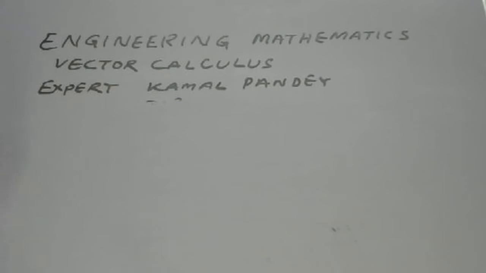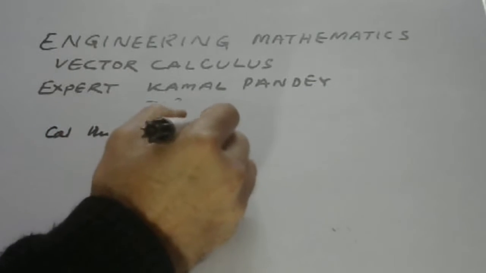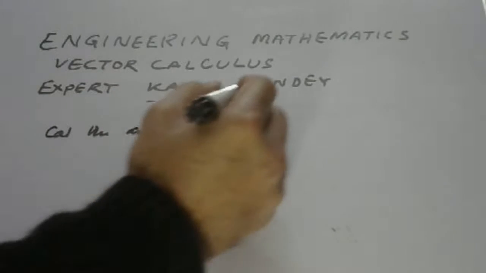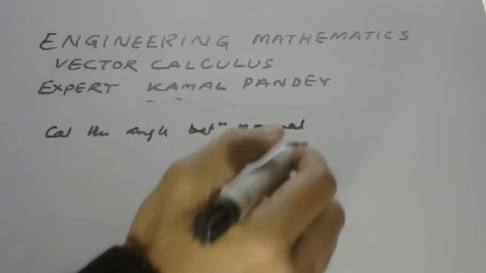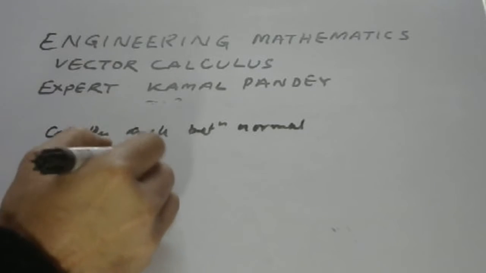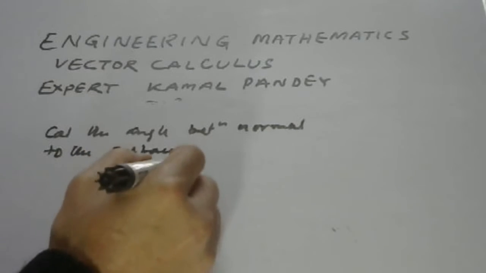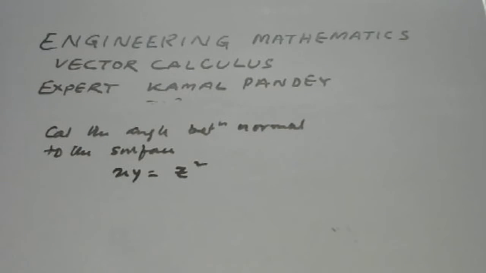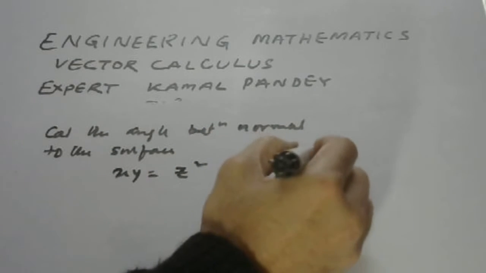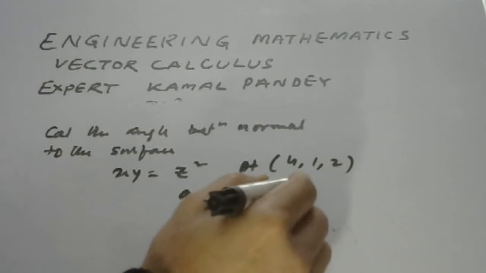Calculate the angle between the normals to the surface xy equal to z square, and the points are 4 comma 1 comma 2 and 3 comma 3 comma minus 3.